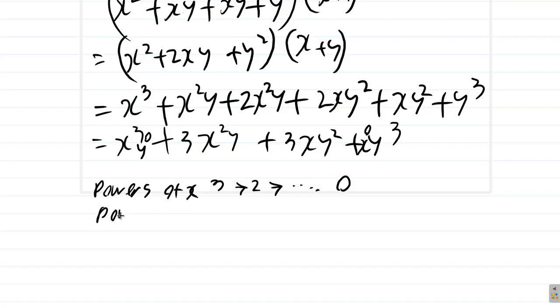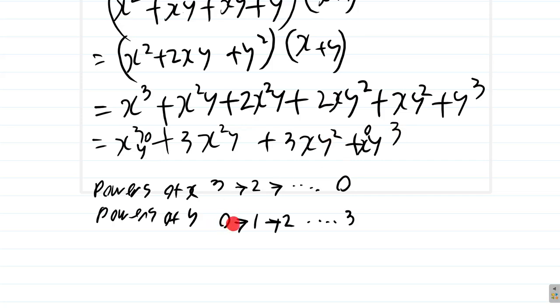The powers of y go from 0 and 1 and 2 and so on. It goes up to 3. You can see it. X to the 3, then x to the 2, then x to the 1, then x to the 0. The powers of x fall from the top. Y is y to the 0, then to the 1, then to the 2, then to the 3.